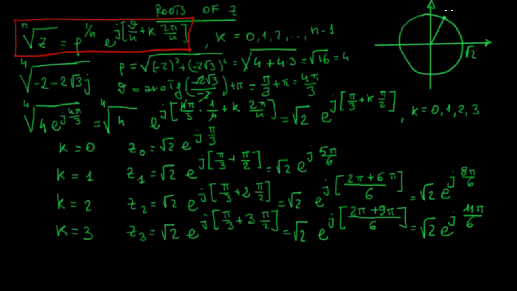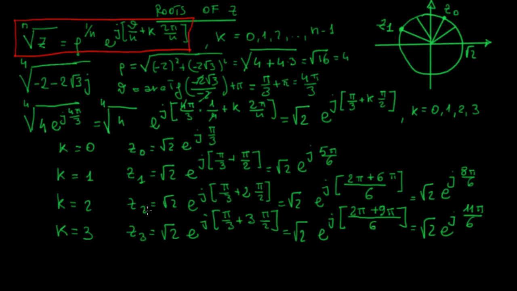This is the position of z sub 0. While z sub 1 is positioned at 5 pi over 6: this is pi over 6, 2 pi over 6, 3 pi over 6, 4 pi over 6, and this is 5 pi over 6. So this is z sub 1.